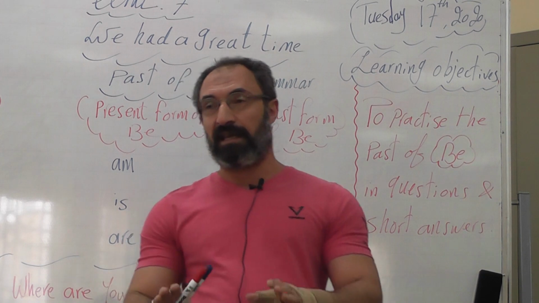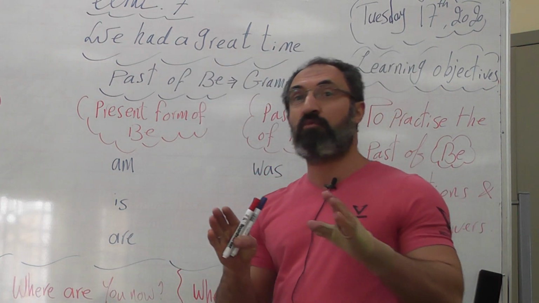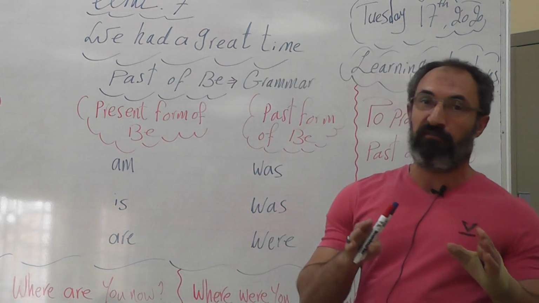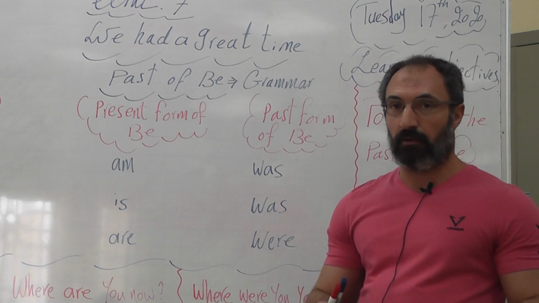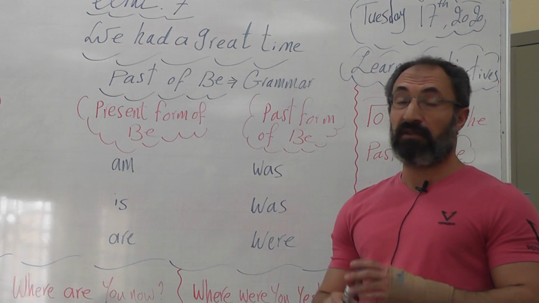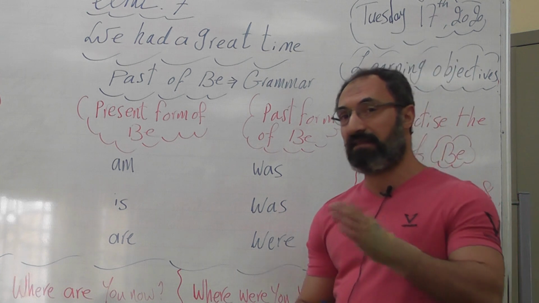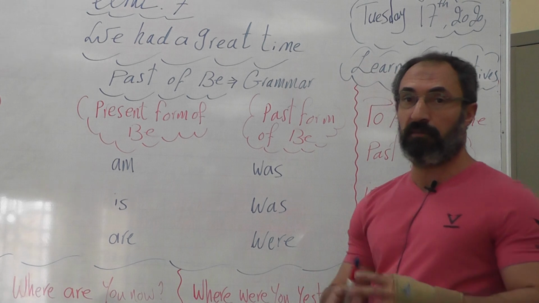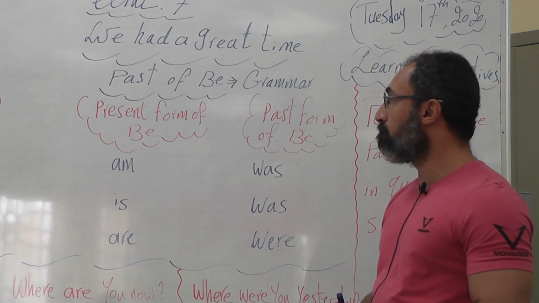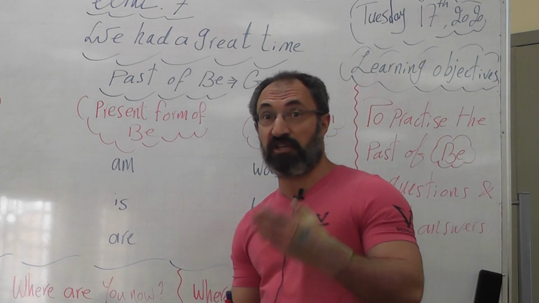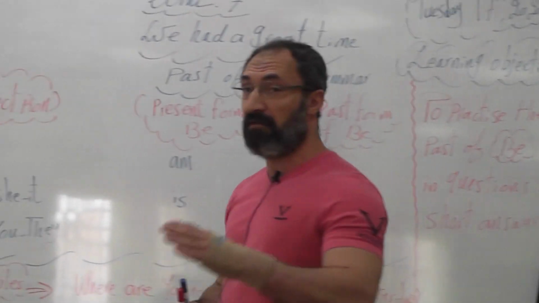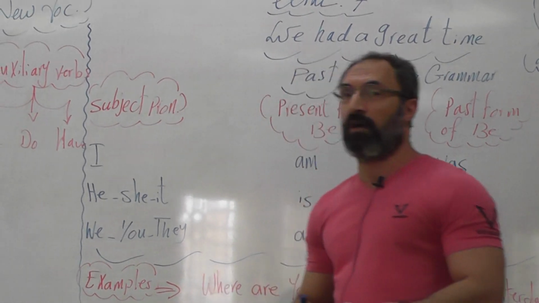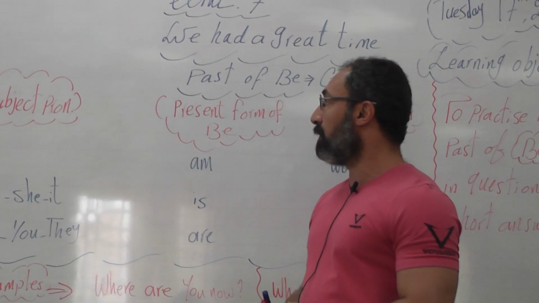So, by the end of my class, you have to know how to make a simple past form of be, short answer or a sentence, and also you have to know how to make yes, no, or WH question word using verb to be. First of all, let's have a flashback on something which might be very important to understand what is coming later.